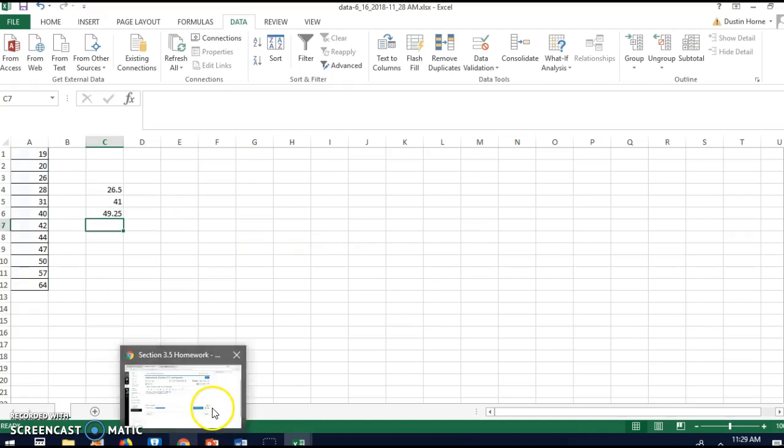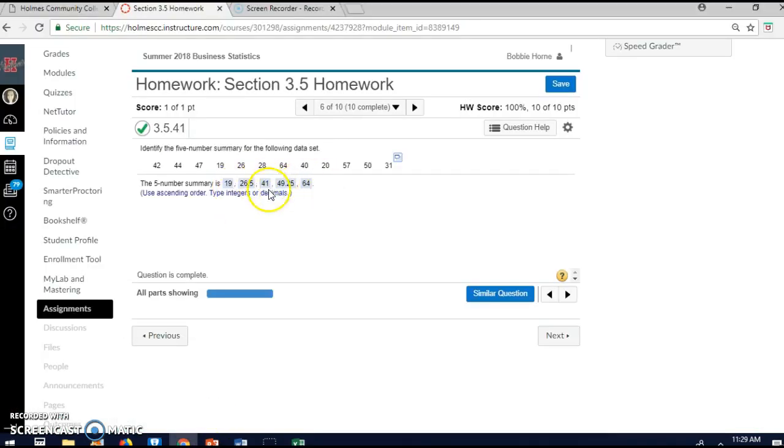So if you look at our answer, it's the minimum, the first quartile, second quartile, third quartile, and the maximum value. That is your 5-number summary.